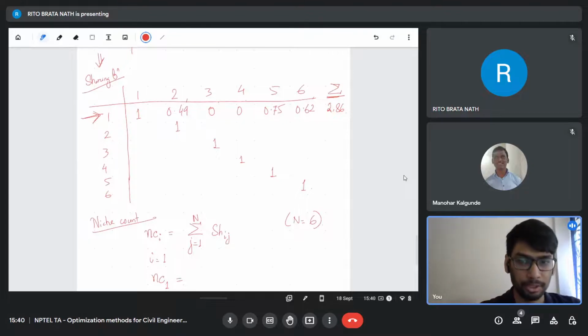And if the solutions are not bunched up, say everything was beyond sigma equals 5, then you would have got zeros everywhere except for this value, so this will always be 1. So the niche count would have been 1 in that case, and if we divide the fitness value by 1, you would have got the same thing again.